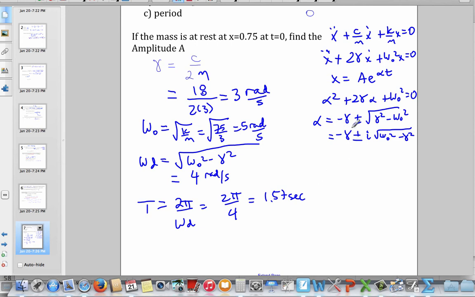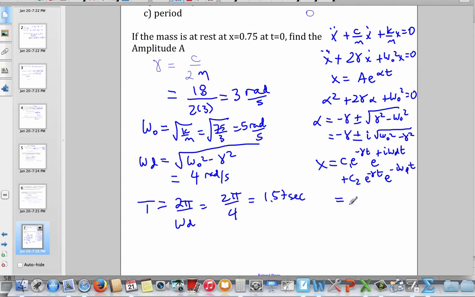Okay, so we had tried this solution, and so we know that our solution x can be written in several forms. We can write it as C1 e to the minus gamma t e to the plus i omega damped t plus C2 e to the minus gamma t e to the minus i omega damped t.